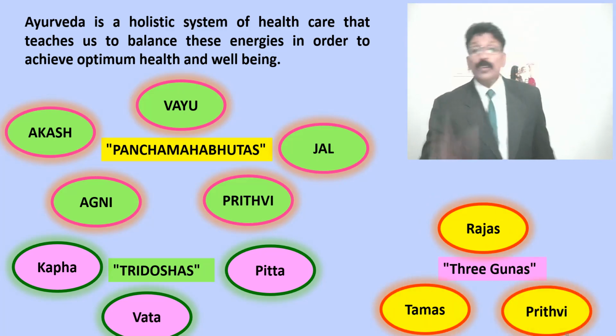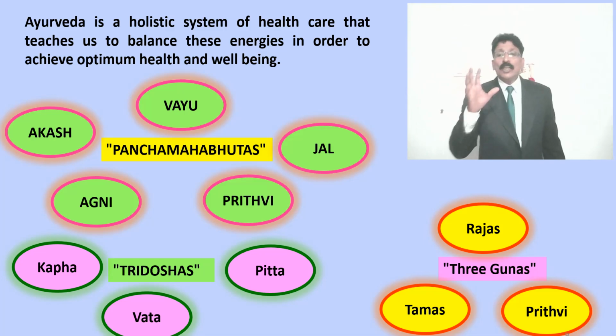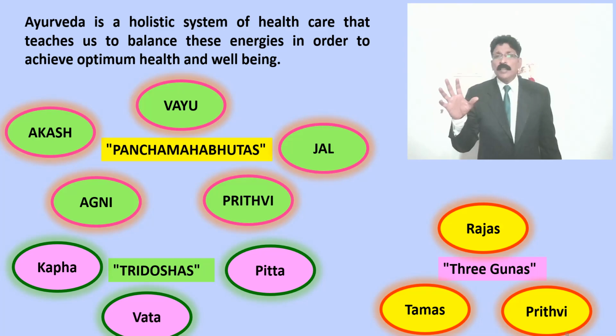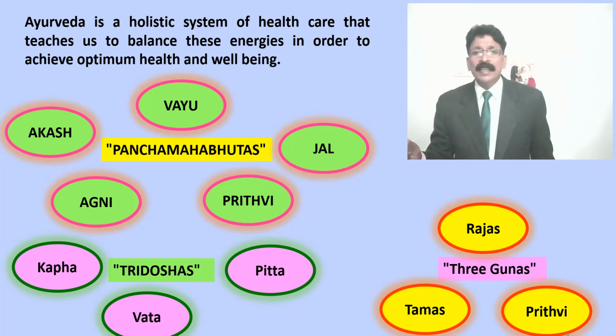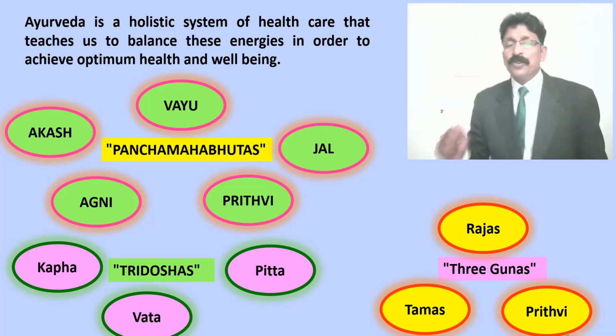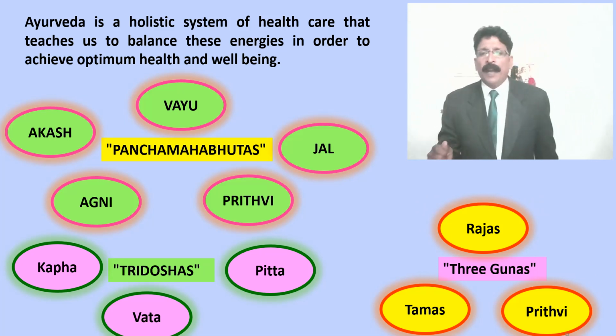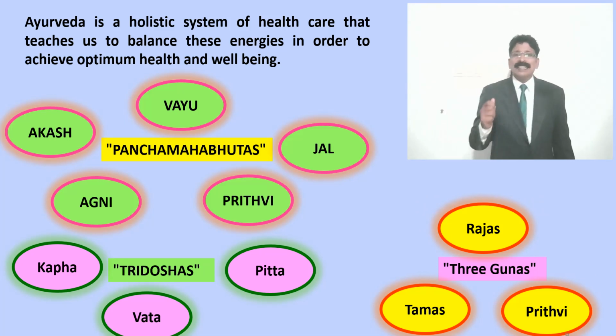So these three concepts, especially Panchamahabhutas, Tridosas and three gunas, these three things students should know very clearly. They are the basic principle of this holistic system of Ayurveda.